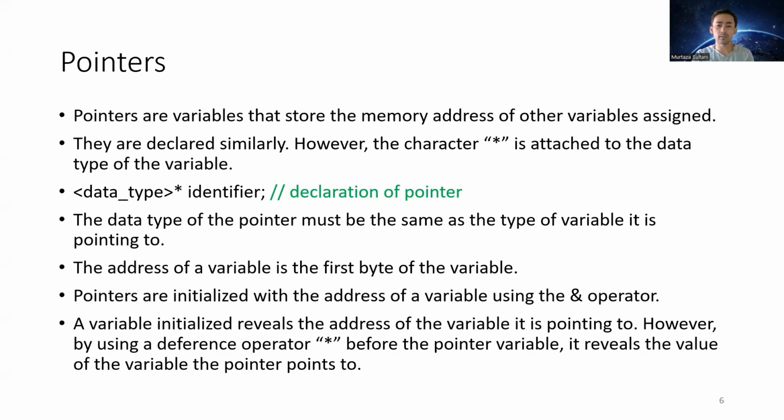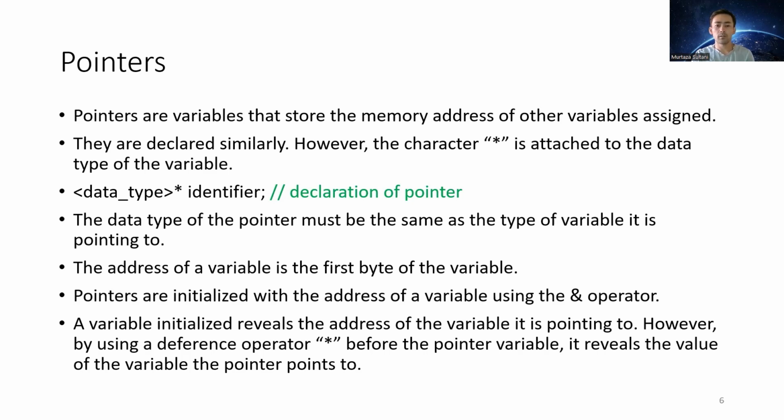Only difference is that we use the character star and it is attached to the data type. For example, if we have double star A, the double is the data type, star is the pointer declarator, and the identifier is A.